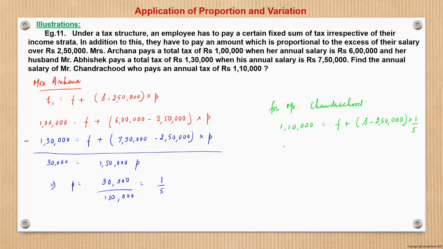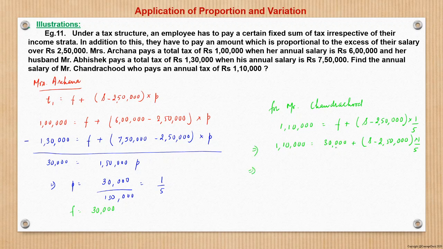So now we can solve this, and F also we know. From here we can find F: we substitute P as 1 by 5. Here it was 5 lakh, 5 into 1 by 5 is 1 lakh, it is 130, so F is 30,000, right? So here we can say that 1 lakh 10,000 is equal to 30,000 plus S minus 2 lakh 50,000 into 1 by 5.